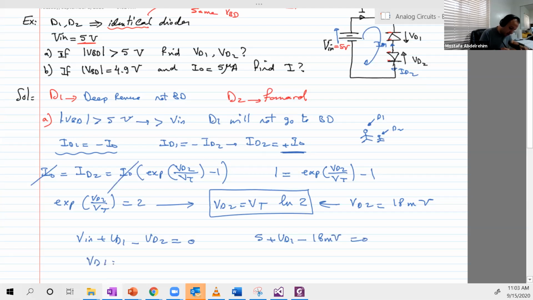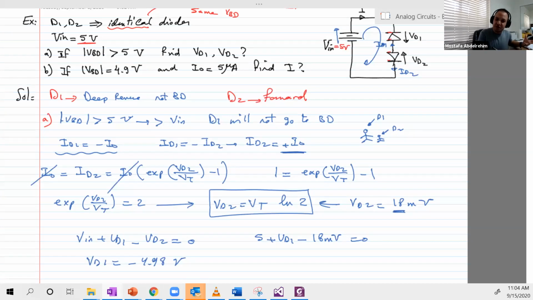So VD1 is equal to minus 4.98 volt. Before we continue, it's minus. Okay. And we were expecting, since D1 is reverse, we know it should have a negative current, negative voltage. VD1 is negative. And that's correct because we know that it should have negative current and negative voltage.